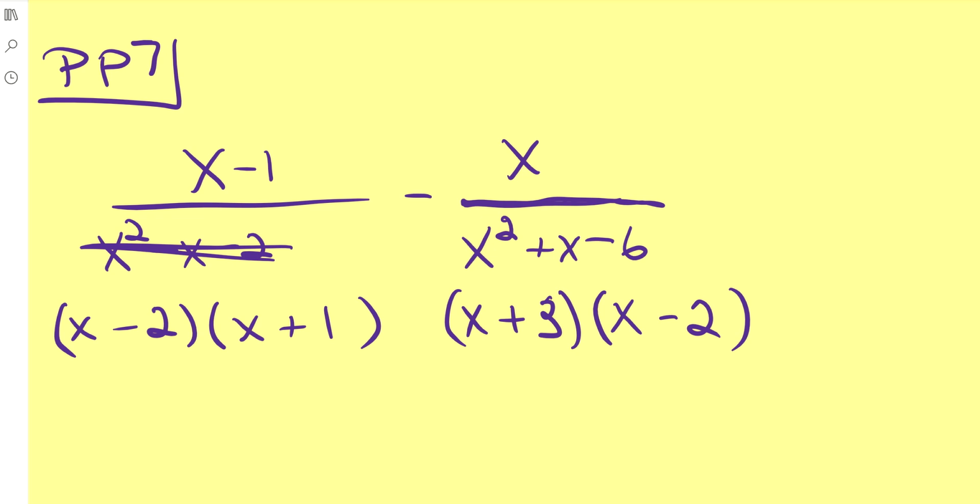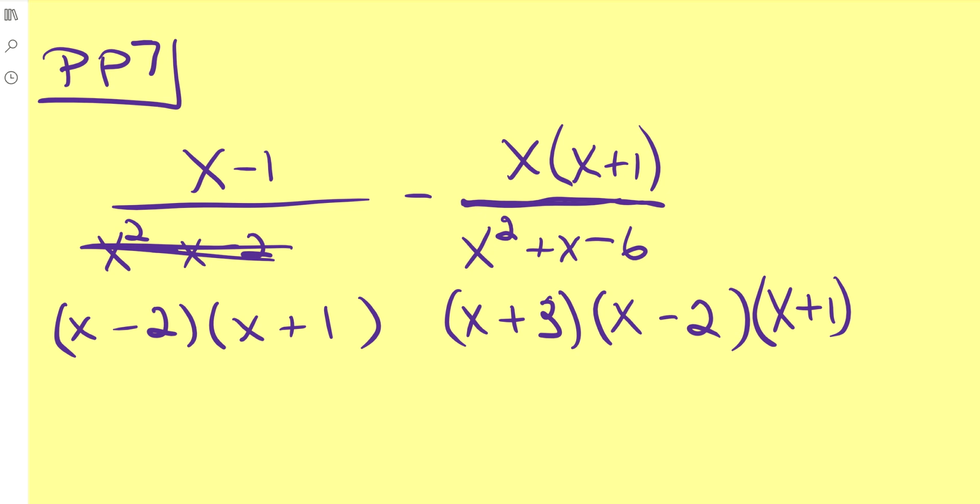All right, so here are my denominators. We've got to get them to be the same. So notice I have an x minus 2 already in both of them, so I can leave that alone. This one has an x plus 1, but the one on the right side doesn't have x plus 1. So I'm going to multiply top and bottom by x plus 1. Then on the left side, I've got x minus 2 and x plus 1, but I don't have the x plus 3.